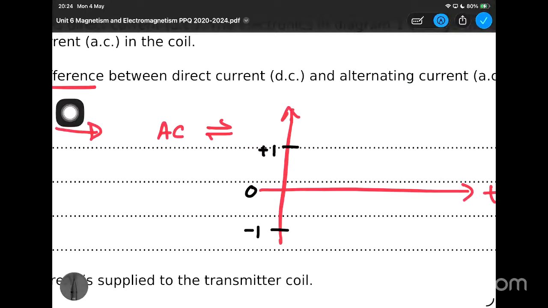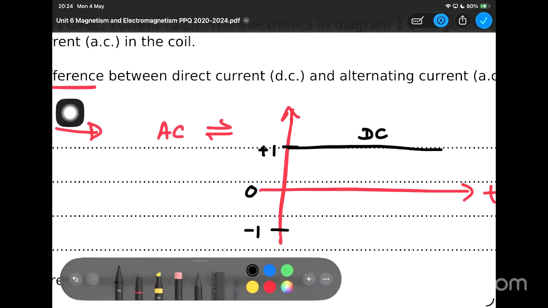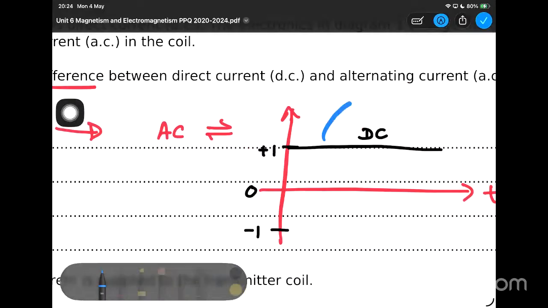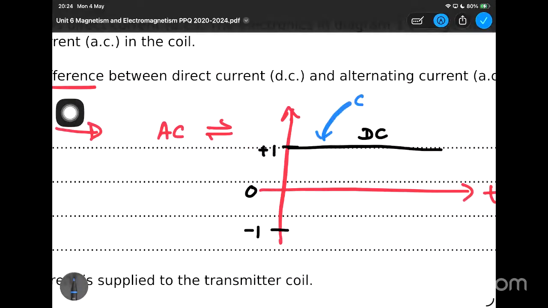So for the direct current, it will be a line like this, right? Which means with time, the current stays the same, a constant value. So all the time you will be experiencing that +1 ampere.